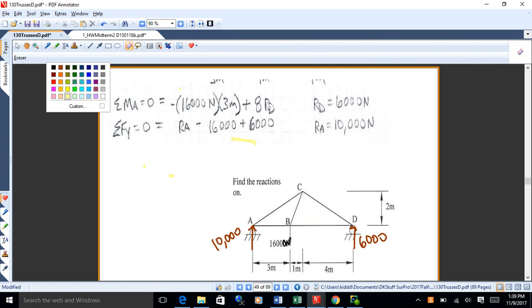So a little bit of trigonometry there. Arctan, otherwise known as tangent to the -1. You do that to get those 3 angles for AC, BC, and DC. You want those. And then once you've got those, you do method of joints.